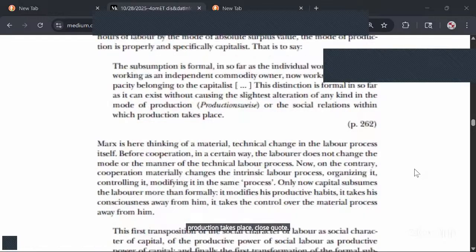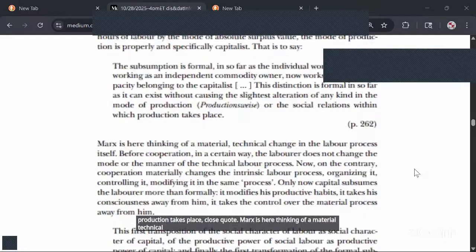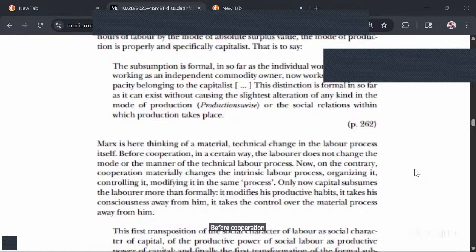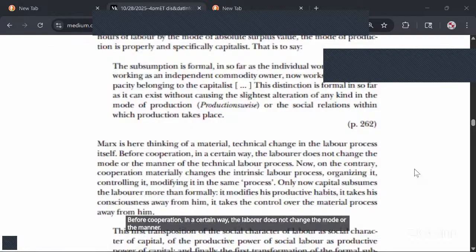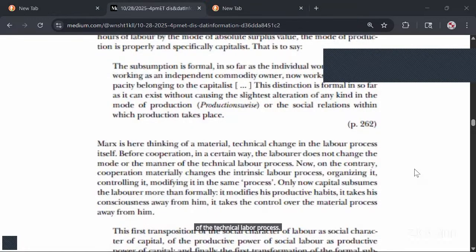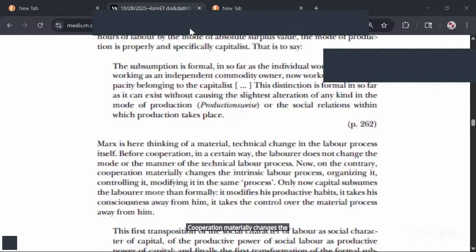Marx is here thinking of a material technical change in the labor process itself. Before cooperation, in a certain way, the laborer does not change the mode or the manner of the technical labor process. Now, on the contrary, cooperation materially changes the intimate or the intrinsic labor process, organizing it, controlling it, this is command stuff, right?